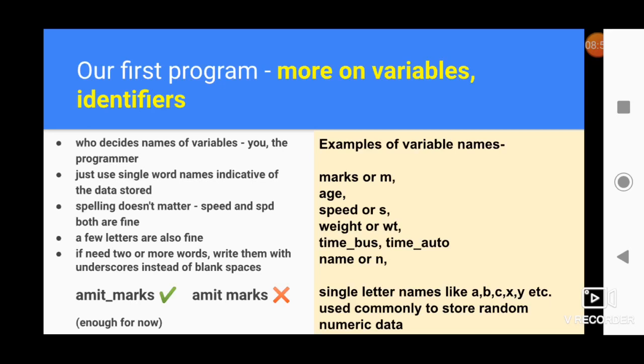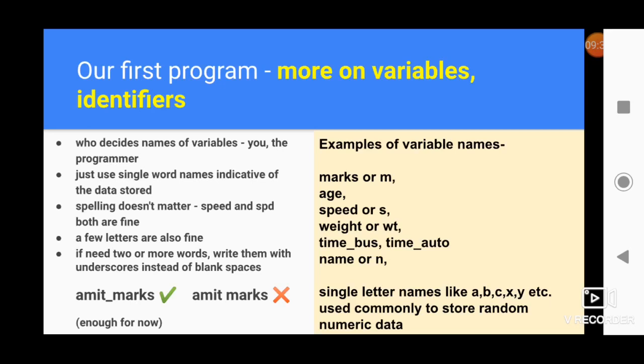If in some programming situation you must use two or more words for a variable name, there may be such situations, then you have to use the underscore symbol instead of the blank space which we normally use on paper to separate two or more words. The example is shown for that. Suppose you have to represent the marks of a student named Amit. Now you want to include Amit and marks both in the variable name.